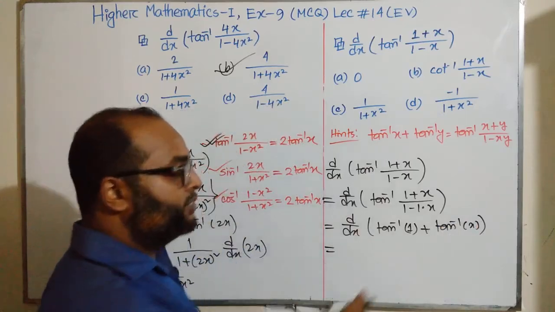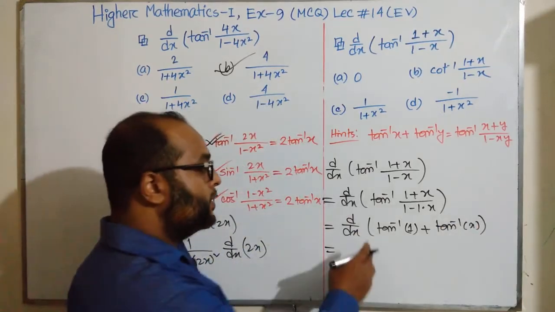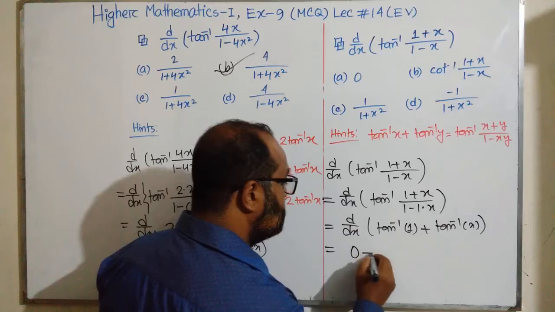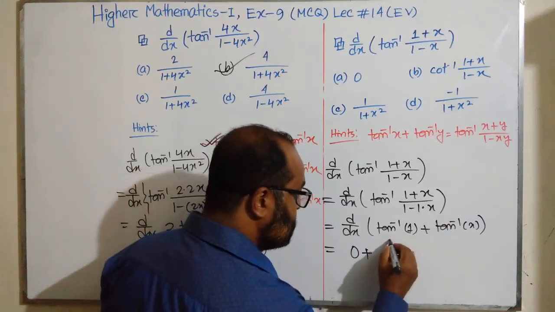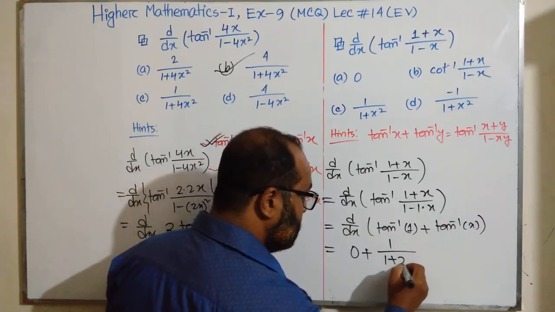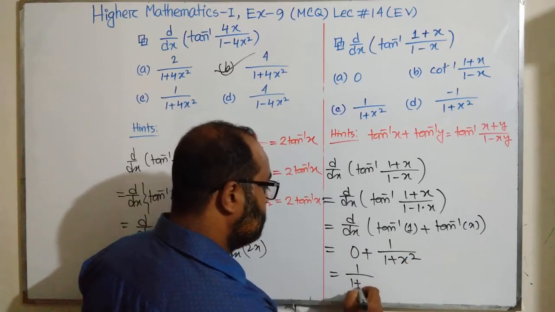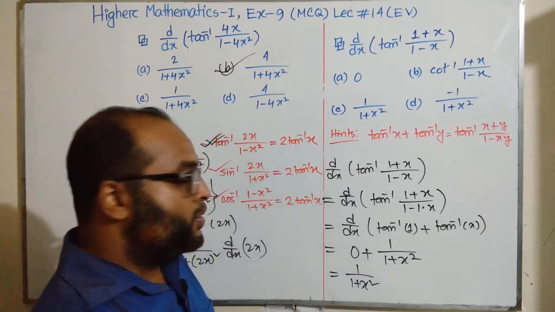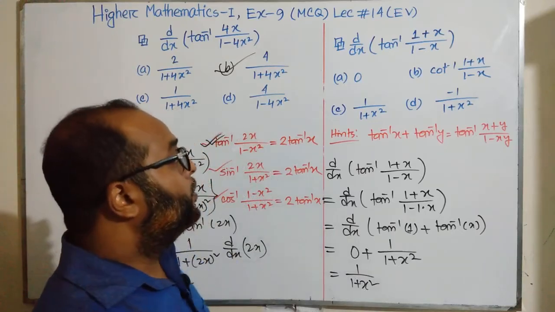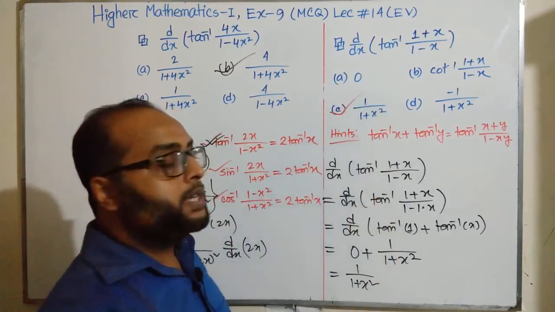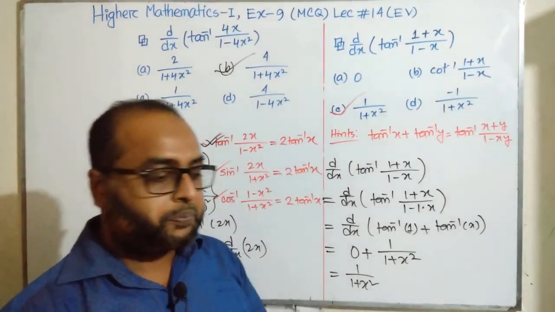Here d/dx of tan inverse 1, this is a constant. d/dx of a constant is 0, plus d/dx of tan inverse x, this is 1 by (1 plus x square). This equals 1 by (1 plus x square). So here option C is the correct answer.